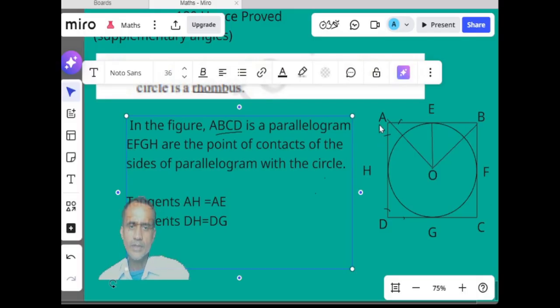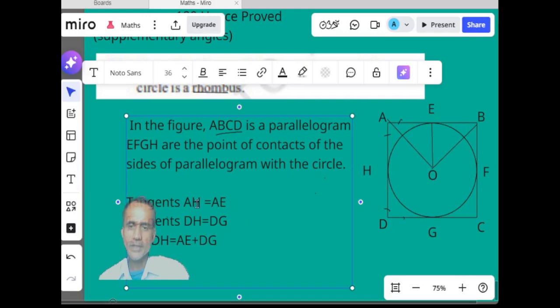So we see that AH is equal to AE and DH is equal to DG. I have written this equality in such a way that if we add AH and DH, we get AD. So if I add these two equations, what do I get? AH plus DH is equal to AE plus DG.